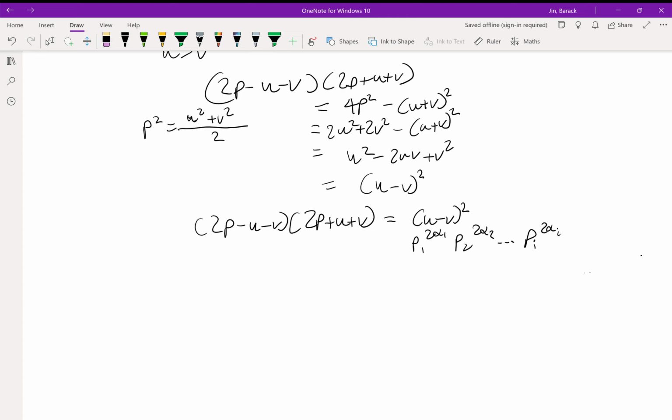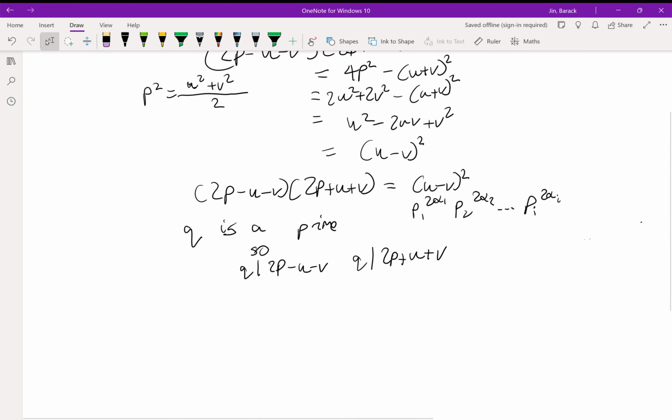So we're going to let q be a prime, so that q divides both of these things. And by the way, this notation just means that 2p minus u minus v is a multiple of q, and q divides 2p plus u plus v.